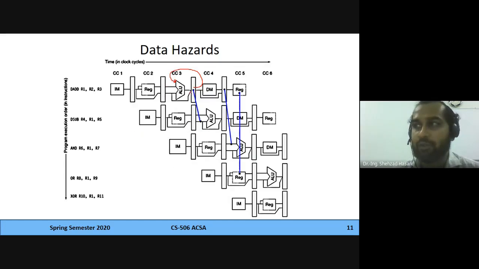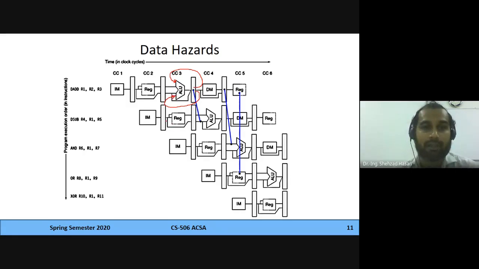In other words, we need to pass on this value to the ALU. Any of these inputs is fine, because it depends on where you're utilizing it. If it's on the RS side, you have to provide it to the RS side. If it's used on the RT side, you have to provide the result to the RT side. So there should be a path which can provide the result from this pipeline register to any of the inputs of the ALU.